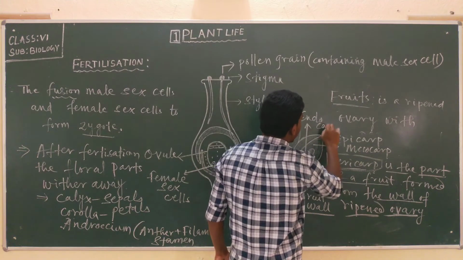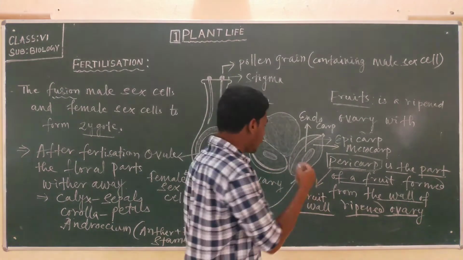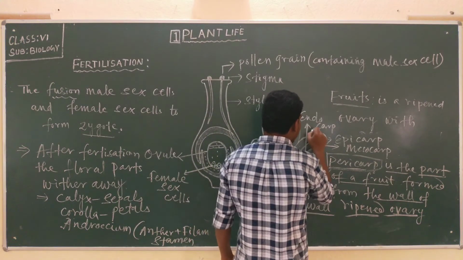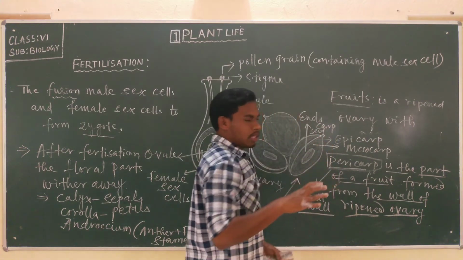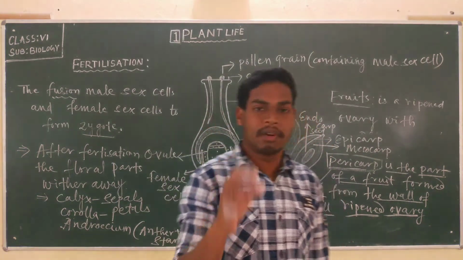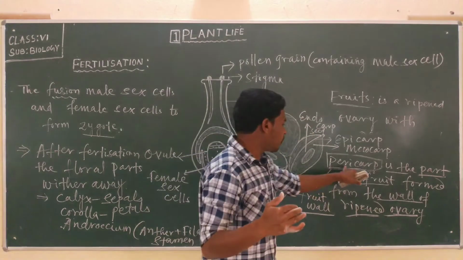This endocarp contains the seed, so endocarp is the layer where seeds are found, and it is the innermost layer of the pericarp.